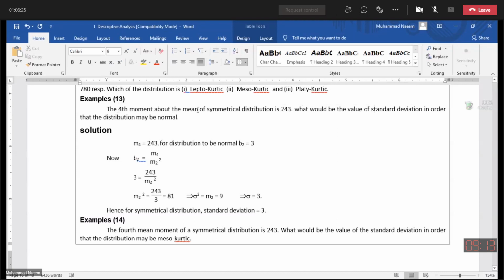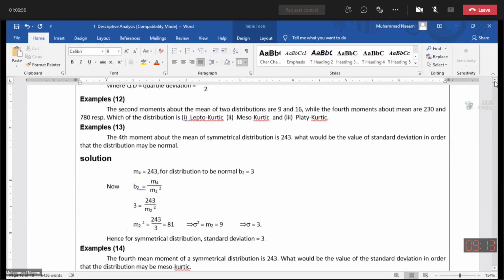Standard deviation, and also the distribution is symmetrical. So what would be the value? One thing, the distribution is symmetrical.